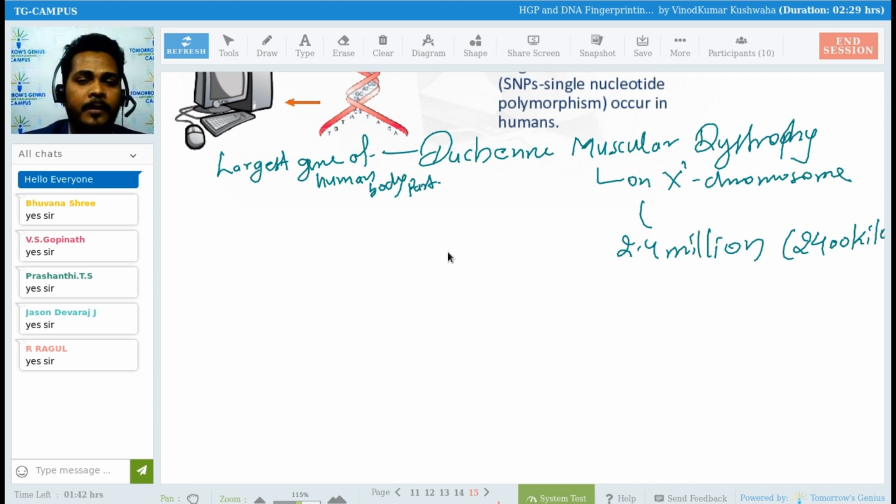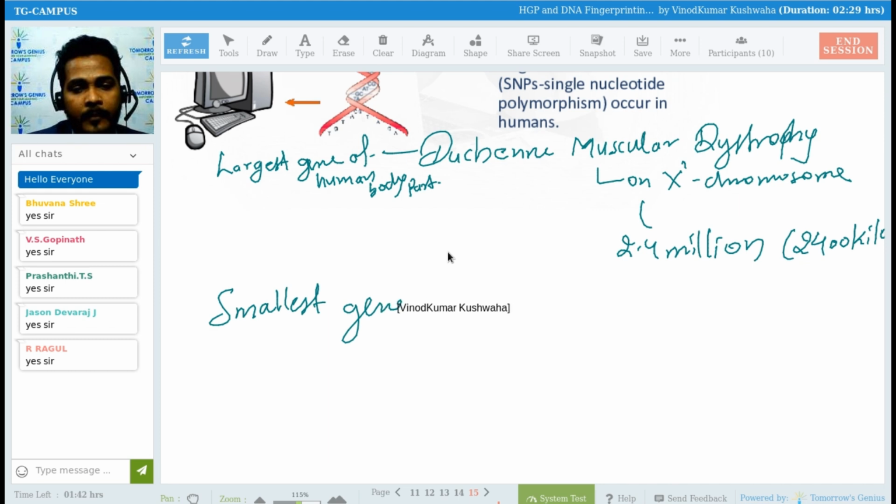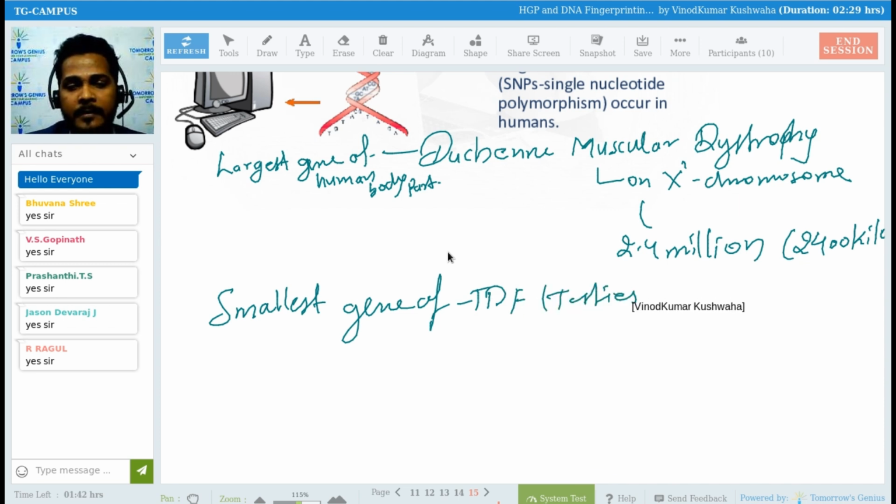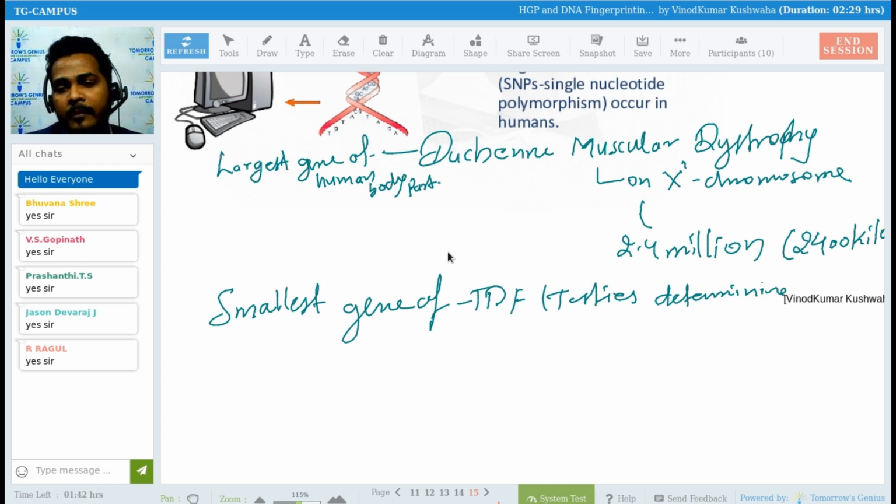Similarly, there is a smallest gene, called TDF, the testis determining factor.